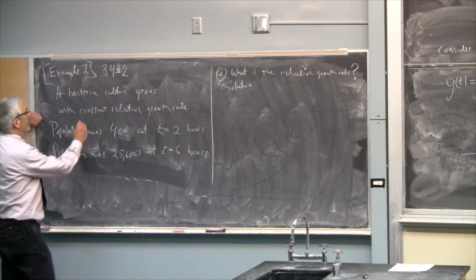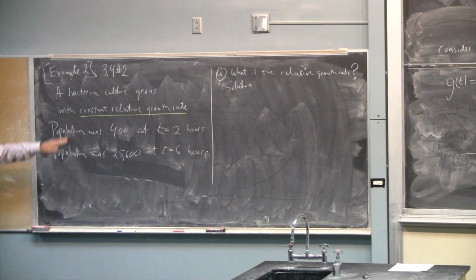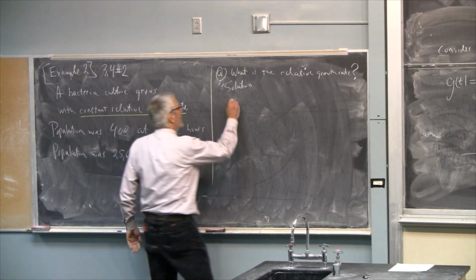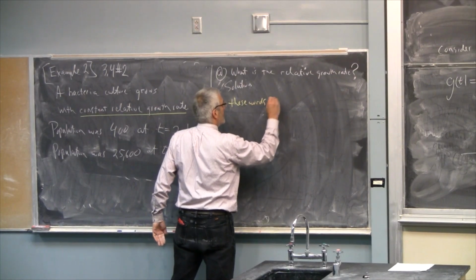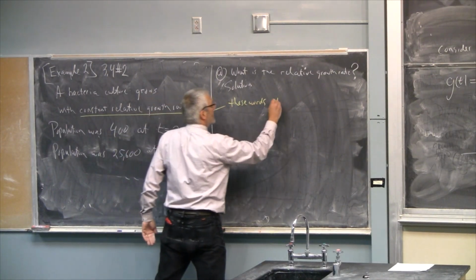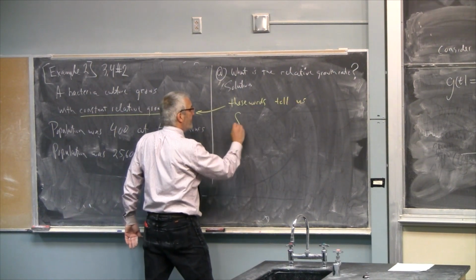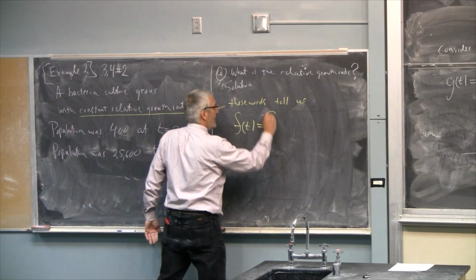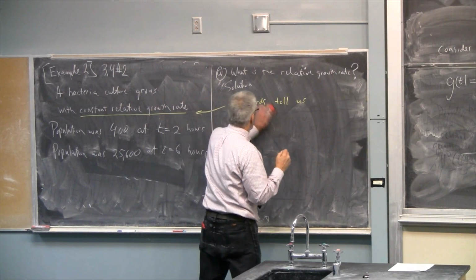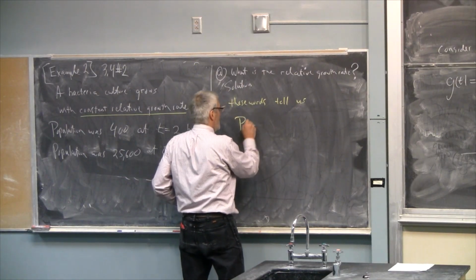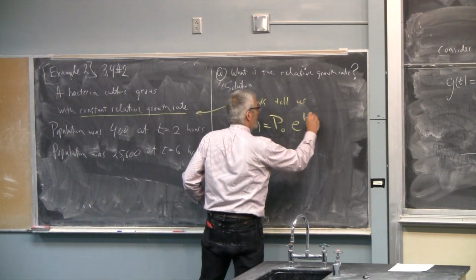Right, so the thing is, these words, constant relative growth rate, these words tell us that f of t equals f0, or I'm going to say p for population, P of t equals p0 e to the kt.